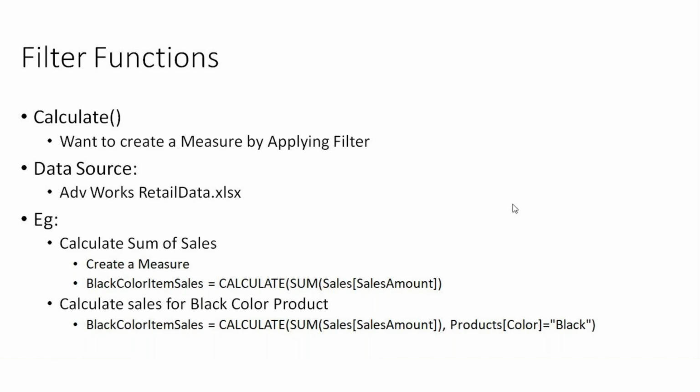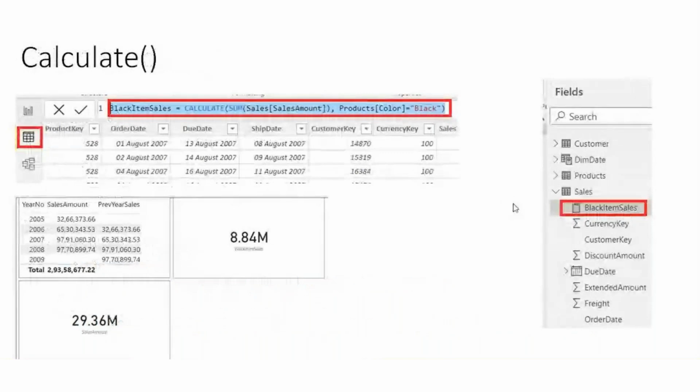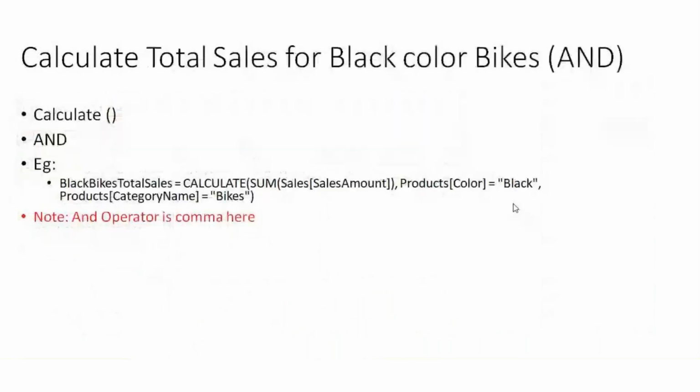If you give me time, the next one is that. Yes. So now the next question is that. Okay, what is the next question? Calculate total sales for the black color bikes only. Clear? What are the multiple items here? One is black, and what is the category I'm talking about?